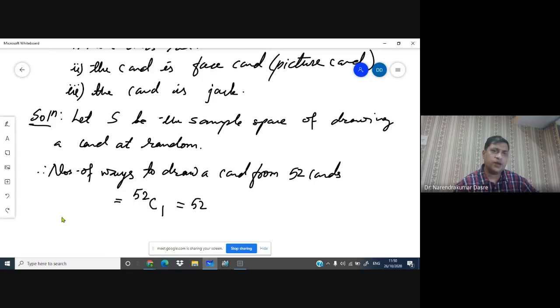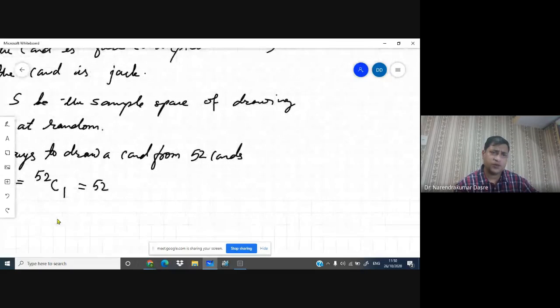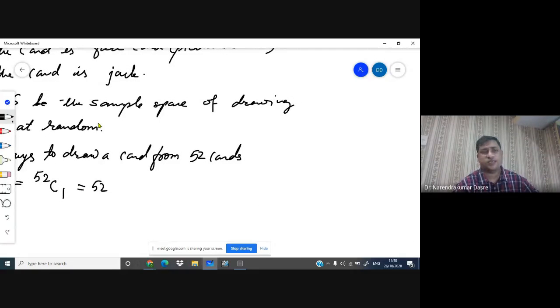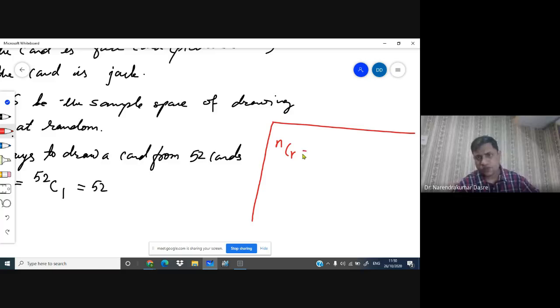Now here we need to see some basics of combinations. How do we define nCr? n is always greater than or equal to r. nCr is equal to n factorial upon r factorial into n minus r factorial. Some basics: nCr is the same as nC(n minus r).